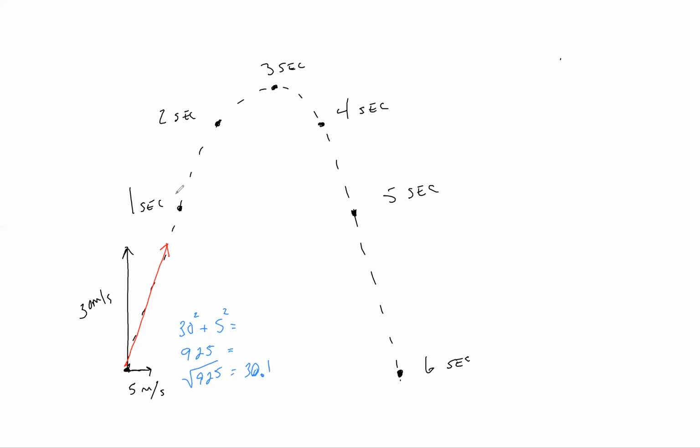What is the vertical component of the velocity of that object after 1 second? Anybody want to venture a guess? Because the initial vertical component of the velocity was 30 meters per second. So what is it after 1 second?